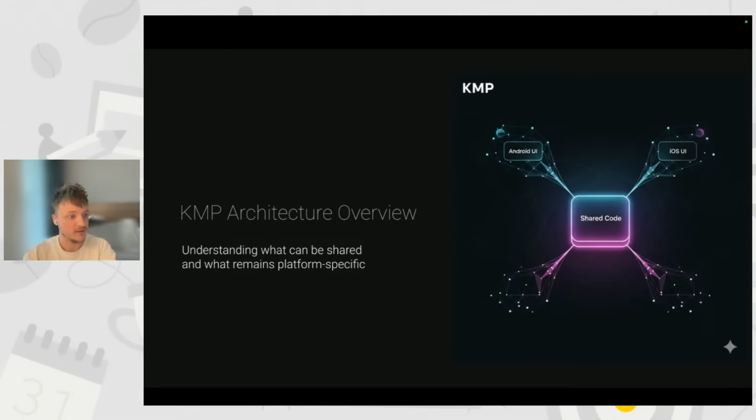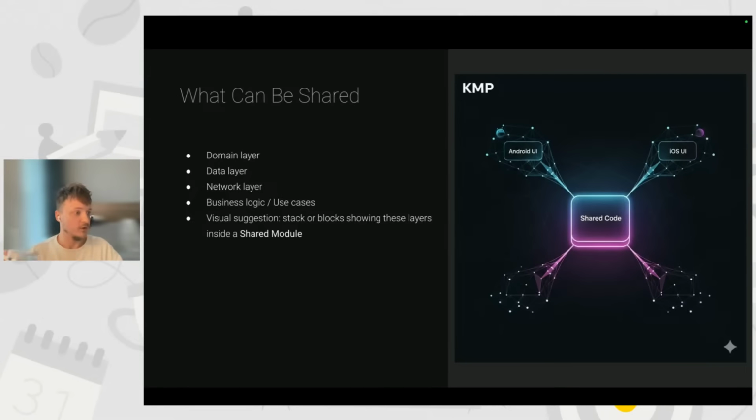Let's start by looking at the overall architecture of Kotlin Multiplatform and how its main components fit together. This illustration shows us the main concept. In the middle of this image, we have shared code. It usually consists of the domain layer, data layer, networking, business logic, and so on, while Android and iOS communicate with this shared code.